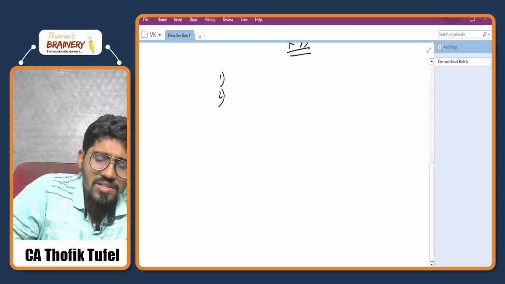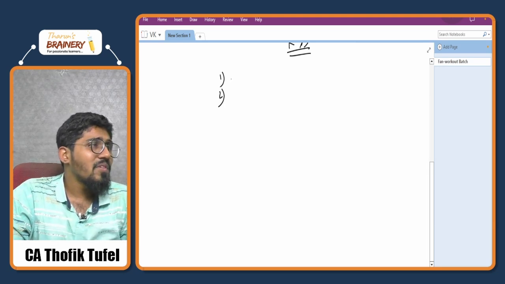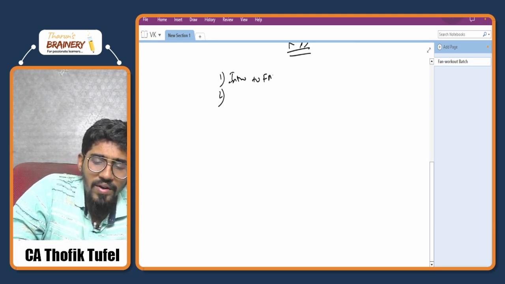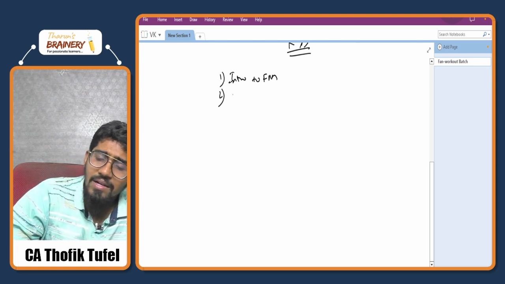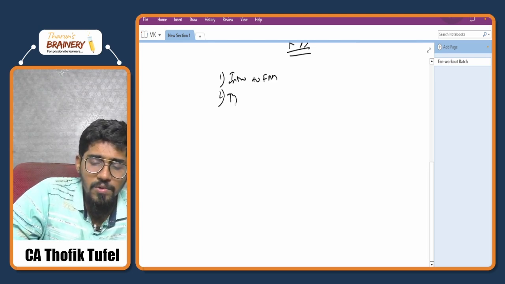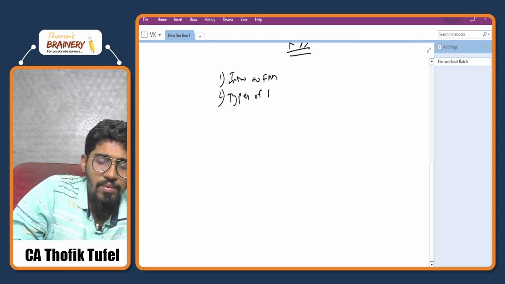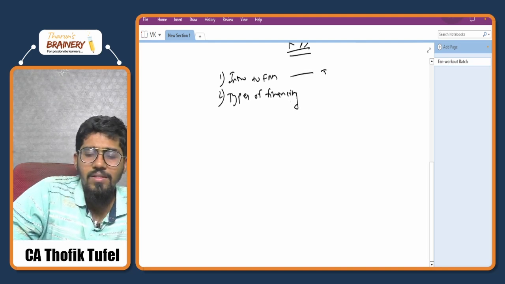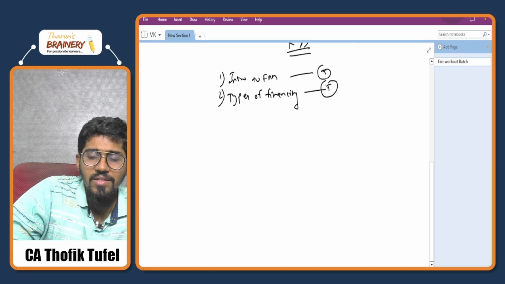The first 2 are theory chapters: Introduction to Financial Management, and the second one, Types of Financing. These 2 are theory chapters.